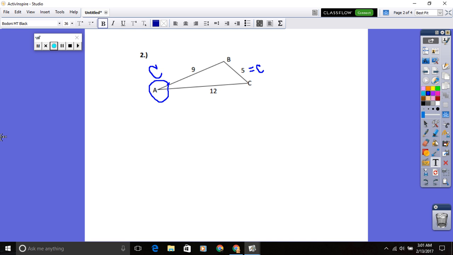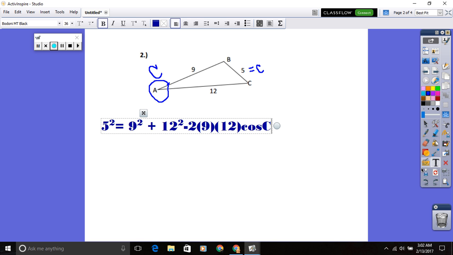So I'm going to do c squared, so 5 squared equals each of the sides squared, so 9 squared, and again the order doesn't matter for your a and your b, 12 squared. I typically make a the smaller and b the larger, but it doesn't matter. 2 times 9 times 12 times the cosine of c.